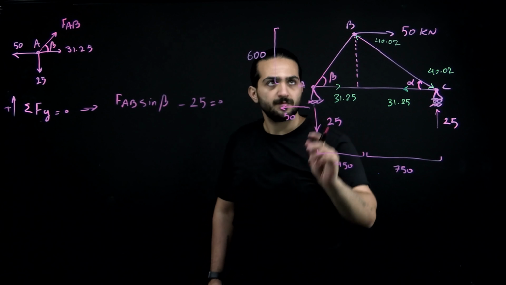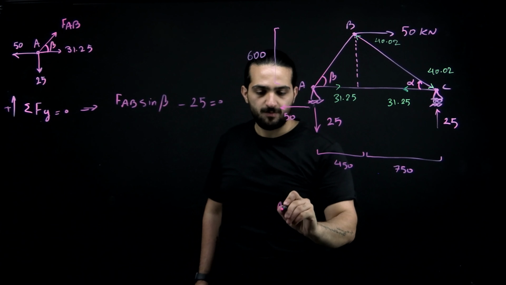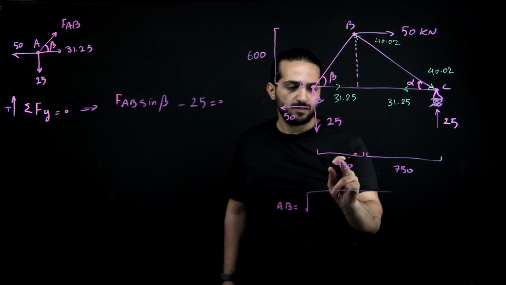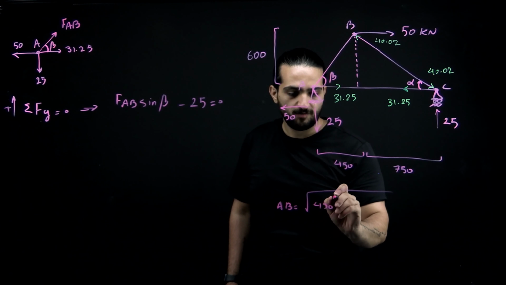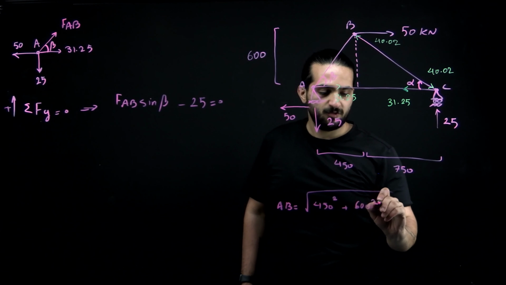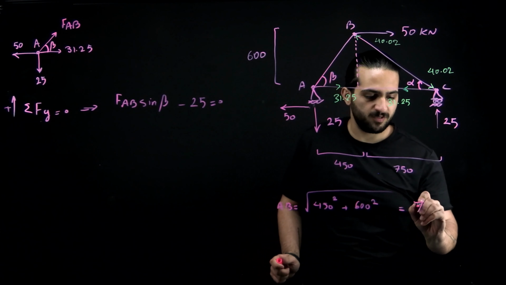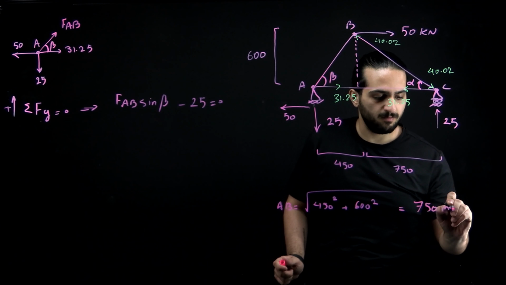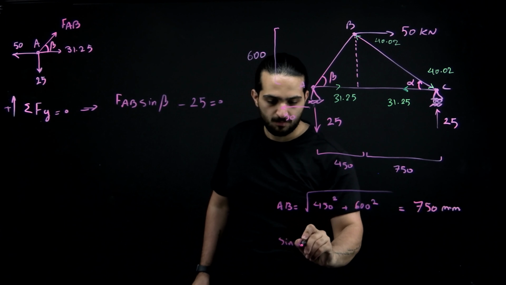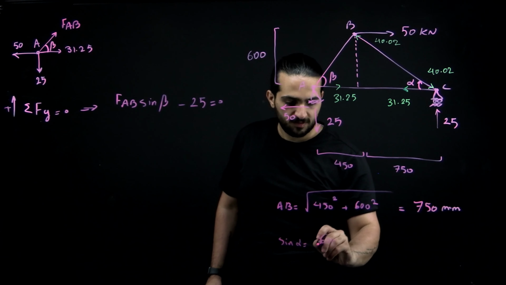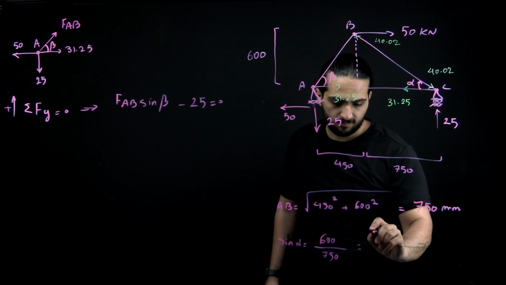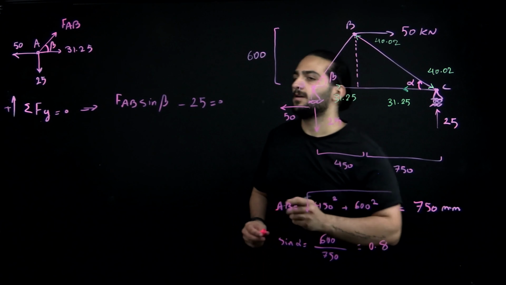To determine the length of AB, we write the square root of 450 to the power of 2 plus 600 to the power of 2, which is 750 millimeters. Sine of beta would be 600 divided by 750, which is 0.8.